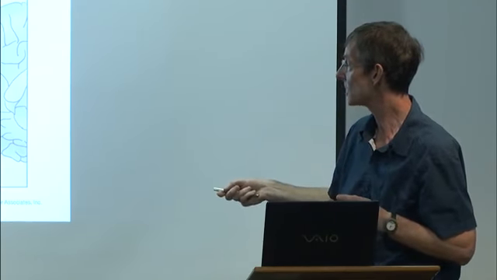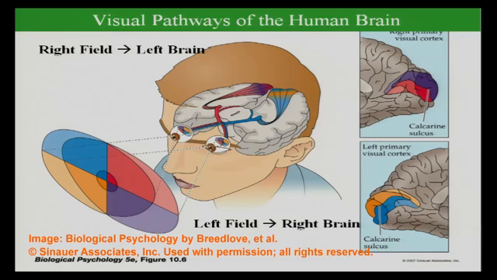Remember in the animation that the central region of the visual field is occupying a much larger region of the cortex than the peripheral part of the visual field. Do we have more cones per unit area in the central part of the visual field than in the peripheral part? Yeah, right?